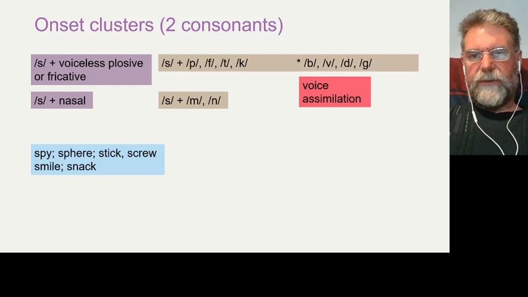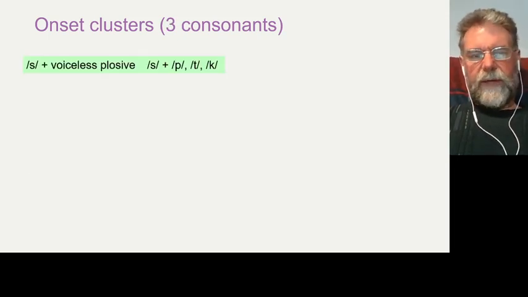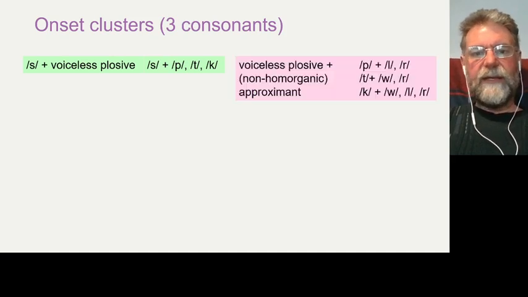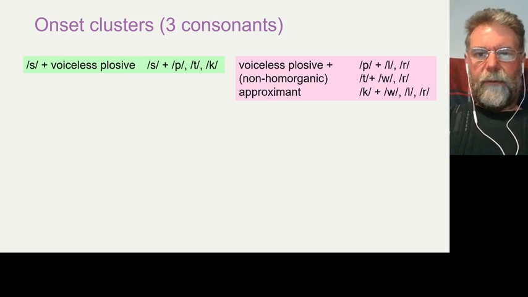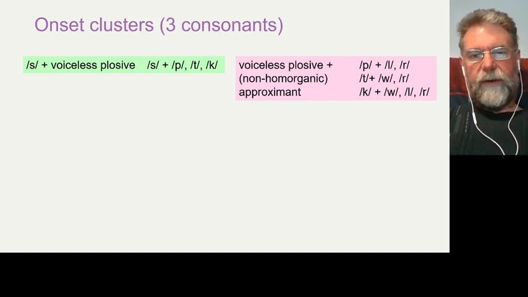Let's move on to have a look at the three consonant clusters. Well, as we've seen, you can get s in front of voiceless plosives, so sp, st and sk. Those combinations are fine, but you can also get voiceless plosives in front of non-homorganic approximants. So p can go in front of l or r, t before w and r, and k before w, l, and r.